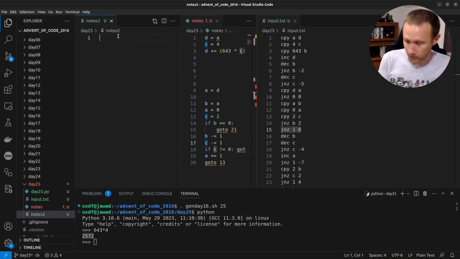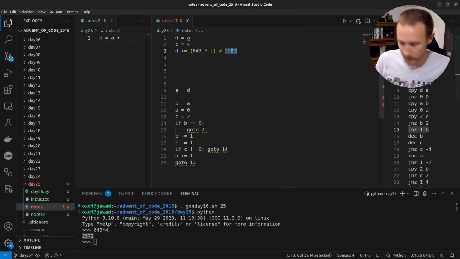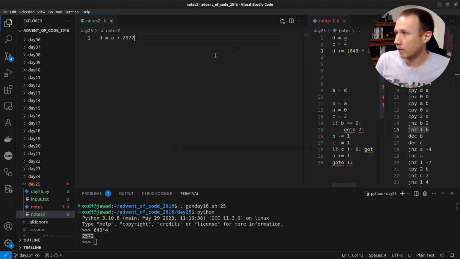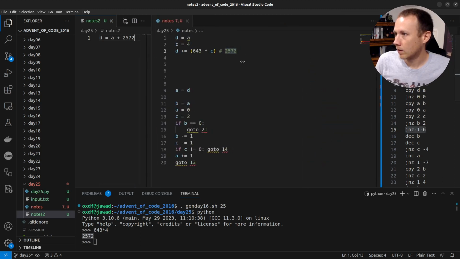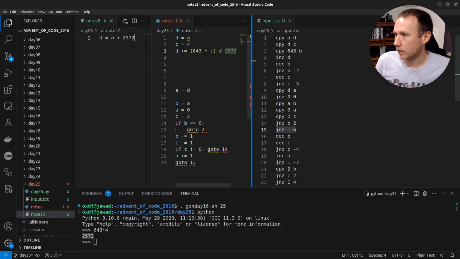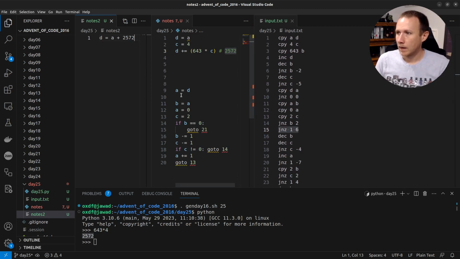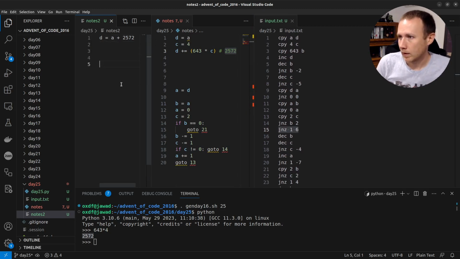So effectively what we're going to say here is D equals A plus, what did we say this number was? 550. This number here. And then the next thing we're going to do, way down here, we say A equals B.